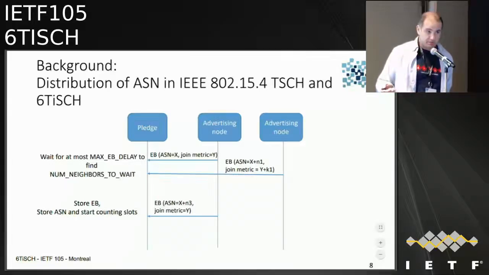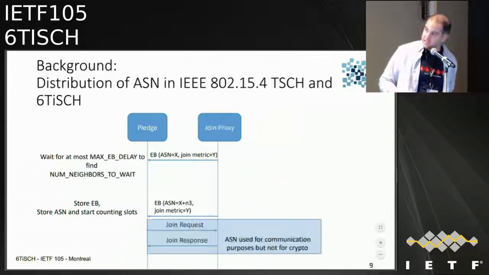And upon the expiration of this time, the pledge selects one of these advertising nodes as its join proxy, with the beacon containing the information element carrying the current ASN in the network.